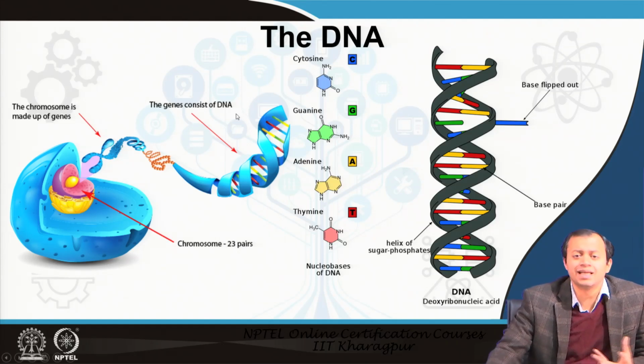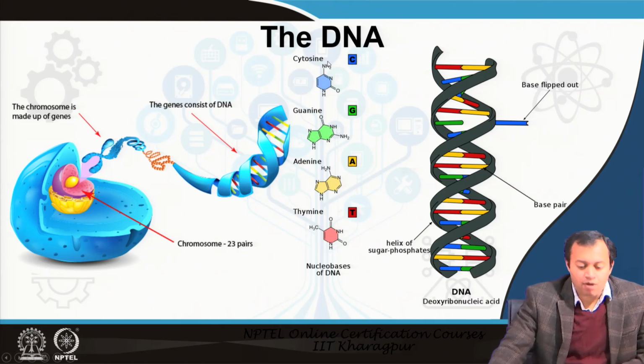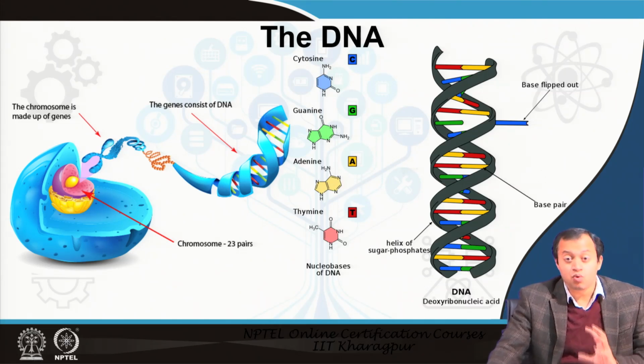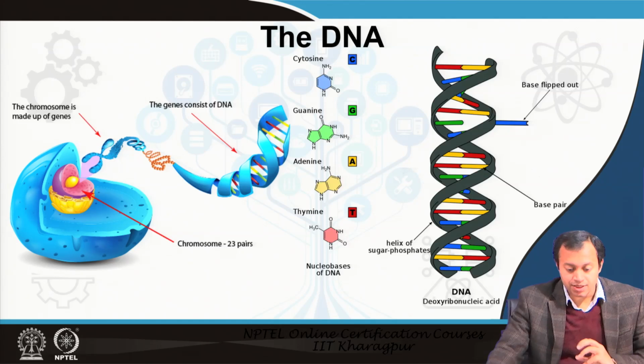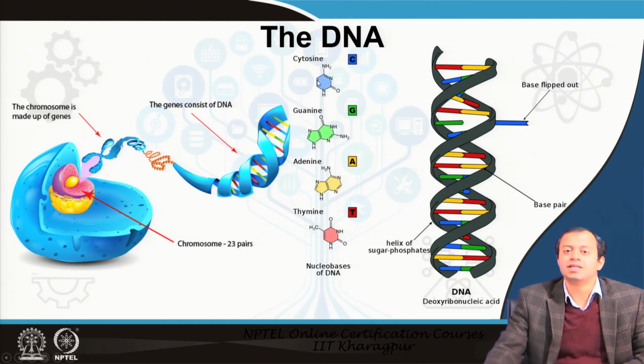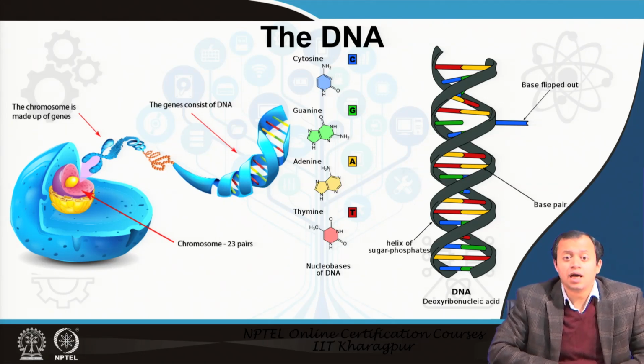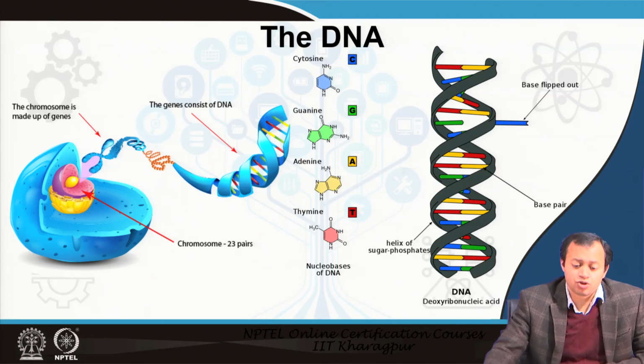So, what exactly are DNAs, or what are DNAs made up of? The concept of what DNA is will come at a later stage, but let me tell you what DNA contains at first. DNA contains basically nitrogenous bases, complex molecules which contain nitrogen, such as cytosine and guanine.